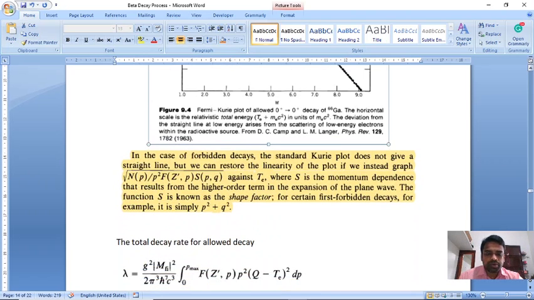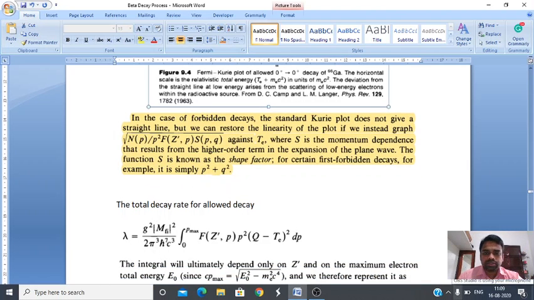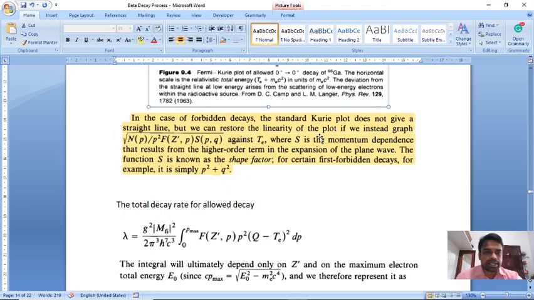In the case of forbidden decays, the standard Curie plot does not give a straight line, but we can restore the linearity of the plot if we instead graph square root of n of p by p square f of z prime p s of pq against Te, where this function s is the momentum dependence that results from the higher order term in the expansion of the plane wave.